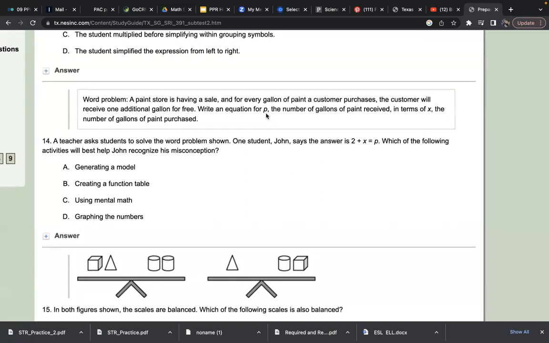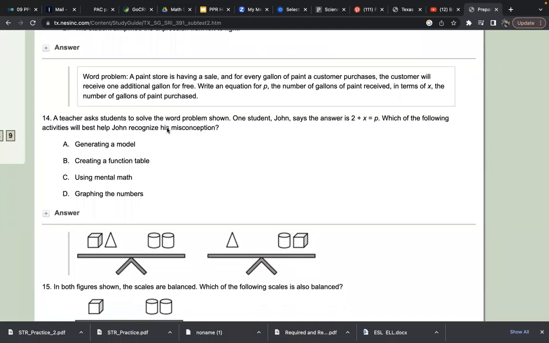Write an equation for P, the number of gallons of paint received, in terms of X. I would say creating a model, but what would you say?